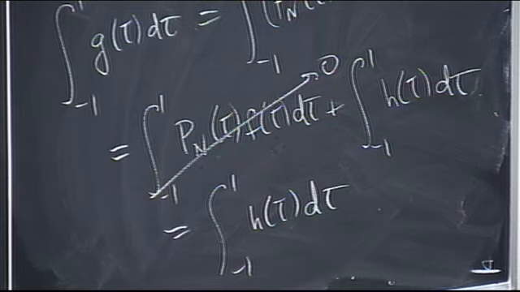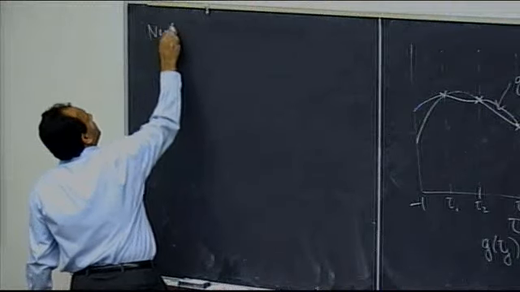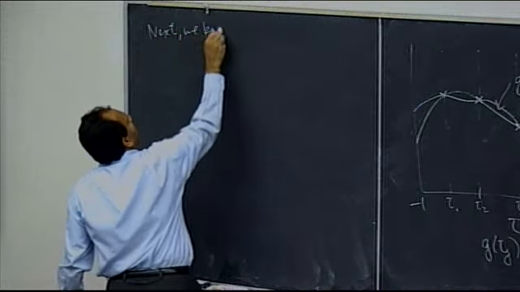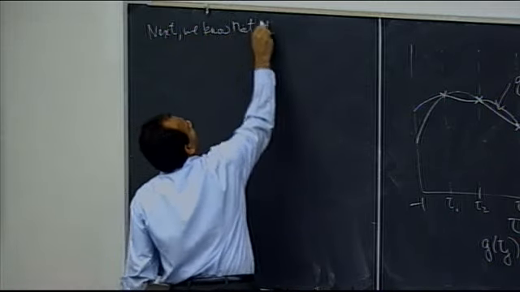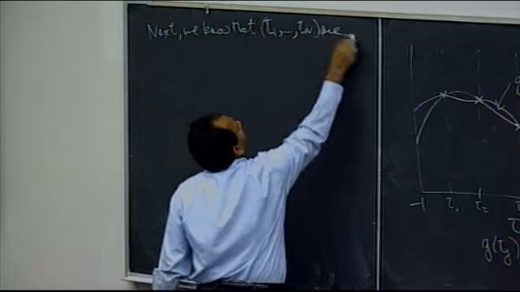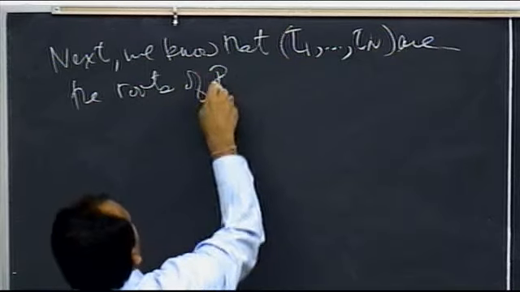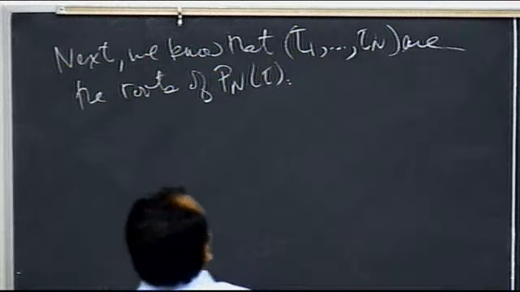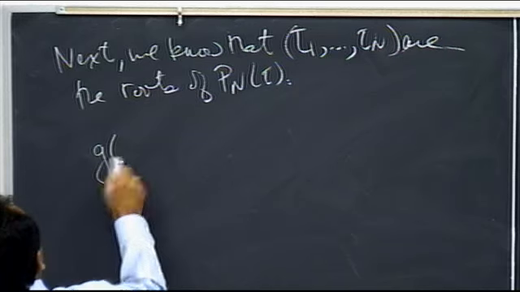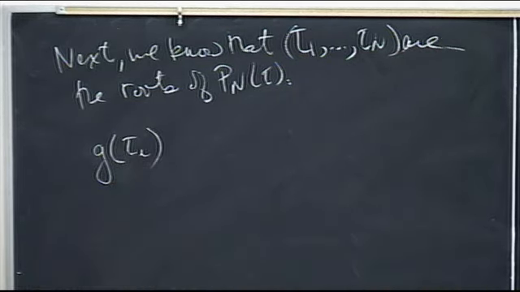So the next thing that we do is we make the following observation. Next, we know that tau 1 up to tau n are the roots of Pn of tau. So that means that if I evaluate g at tau I, or any one of these values, what do I get?